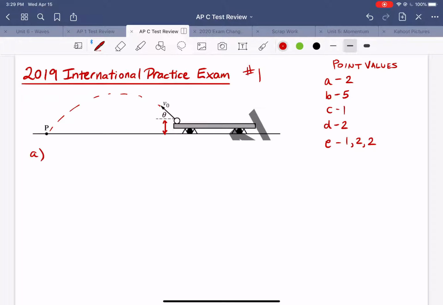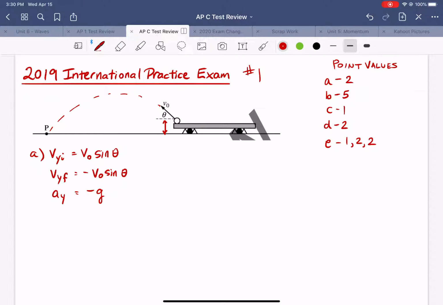So one way we can approach this is to say that the initial y velocity for this object is v0 sine theta. The final y velocity when it lands at point P is going to be minus v0 sine theta, and the acceleration in the y direction is going to be minus g.